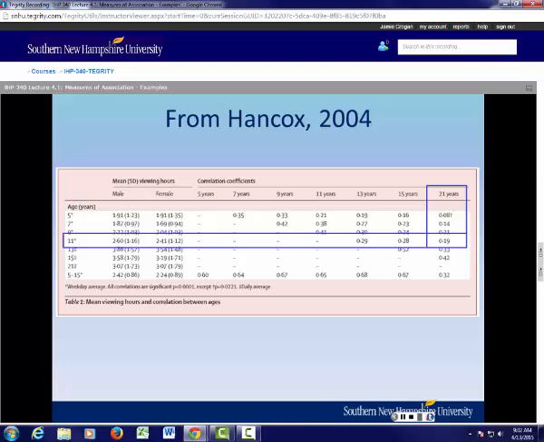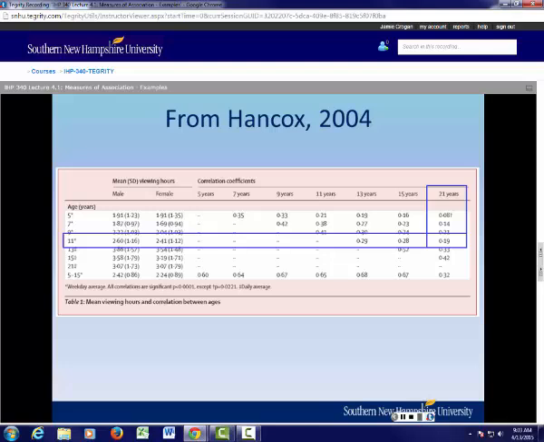And so what you do is you find the variable 11 on the row, and you find the variable 21 on the column, and you look to see where those intersect. The row and the column for those 2 variables intersect at a number of 0.19. You can see that there's a square right around that particular value. That is the correlation between TV viewing at 11 years and TV viewing at 21 years.